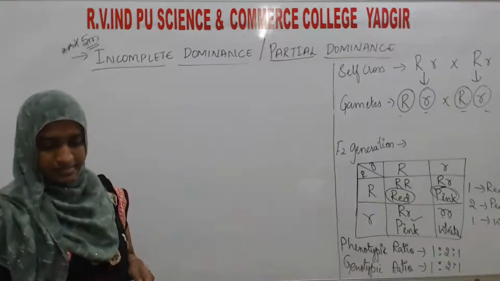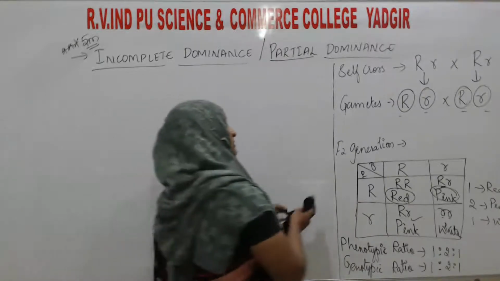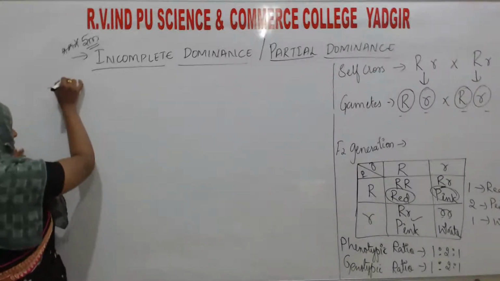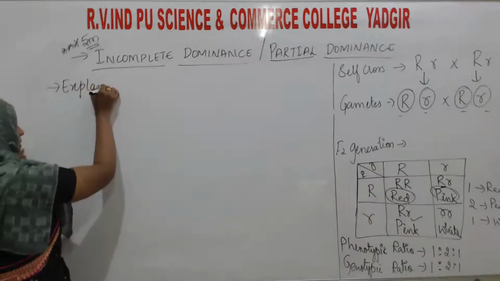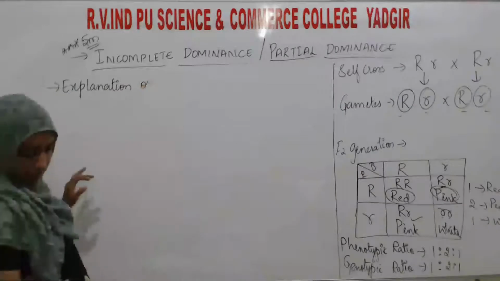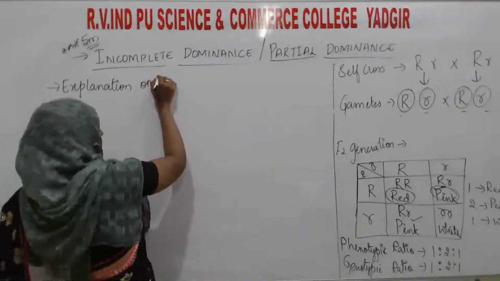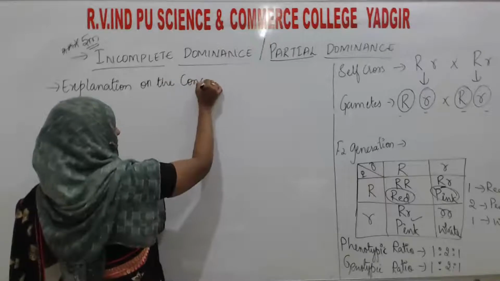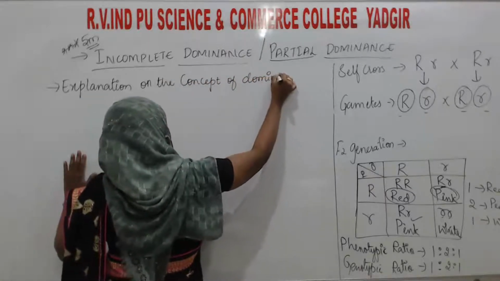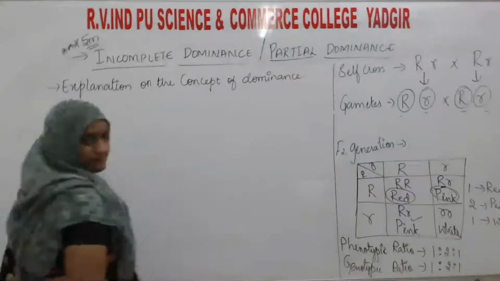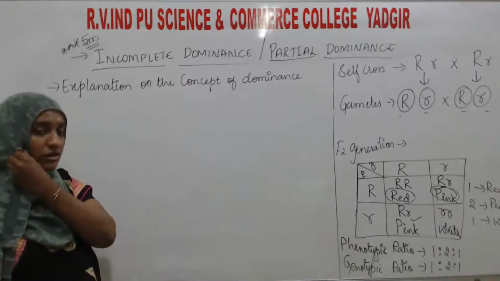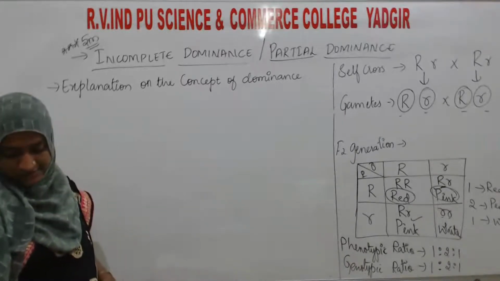Listen carefully here. Why is that gene dominant over the recessive gene?